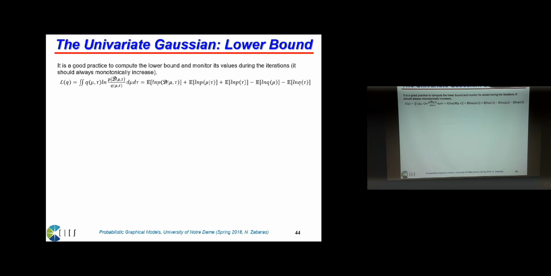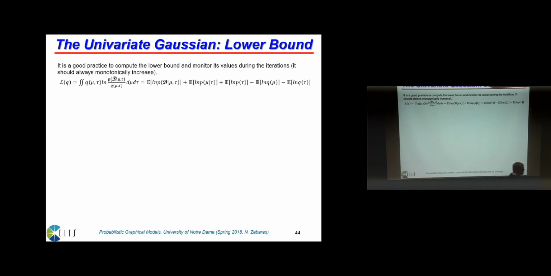You see that? This comes from writing this as the likelihood times the prior. Nothing else. And then for the denominator, because this is factorized, I have expectations of the log of Q of mu and the log of Q of tau. We agree?